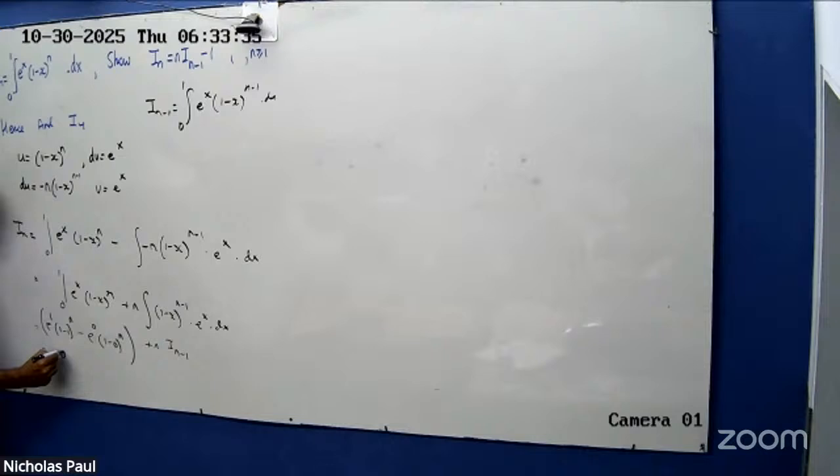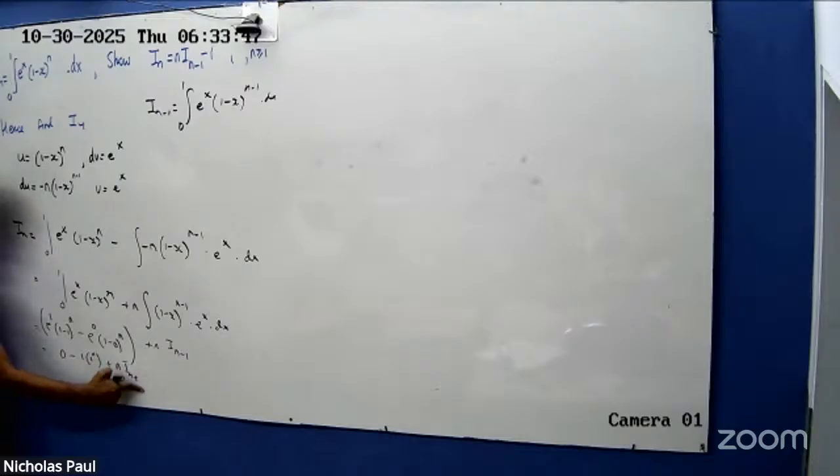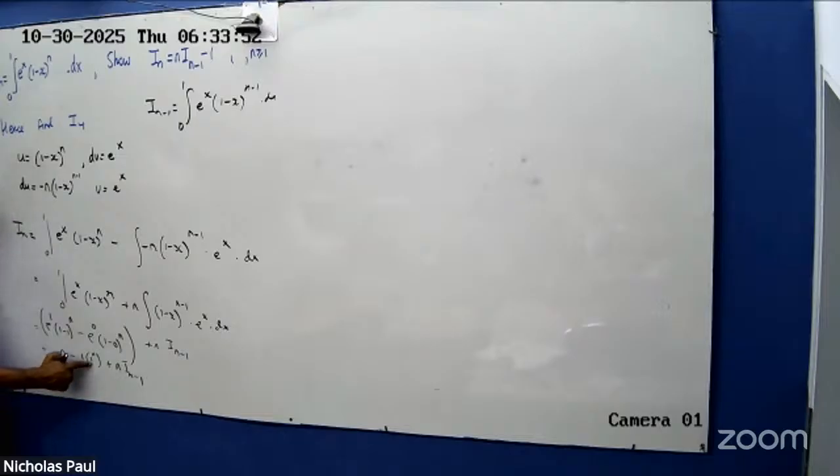So we will get 0 minus, this becomes what? E to the power 0 is 1, 1 to the n by 1 to the n, minus, sorry, plus I_n. This 0 cancels off. 1 to any power is 1. So I'll be left with minus 1 plus n I_(n-1).